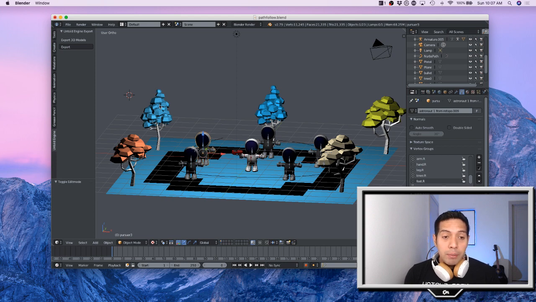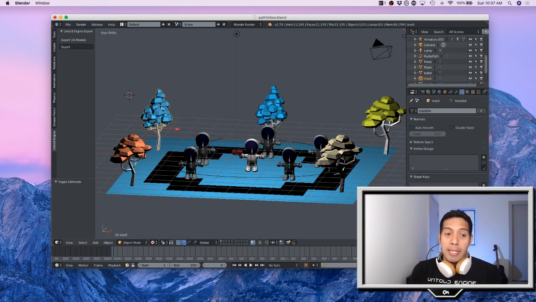The trees here will be bounded by an AABB boundary volume. And the reason why I do that is because, number one, the trees are static, they don't move. And number two, you don't want to bound this type of entity with a sphere, because it's going to take too much space. Instead, you bound the whole entity within a box.